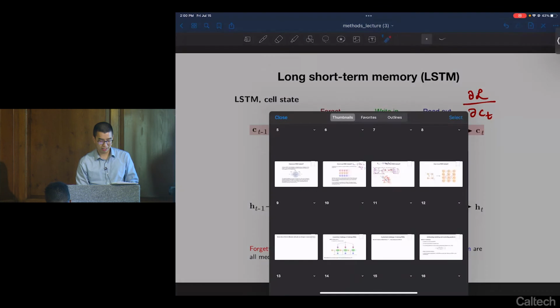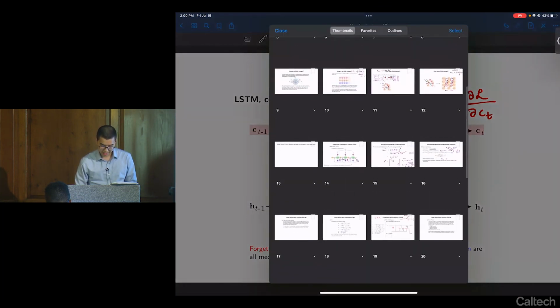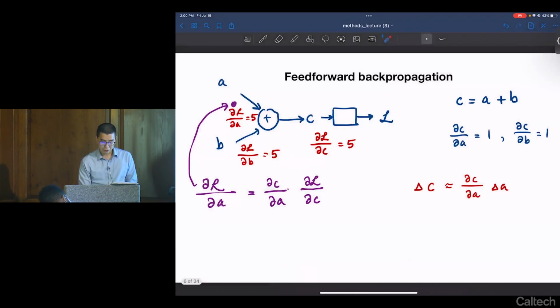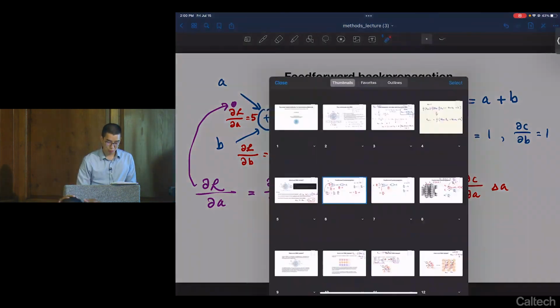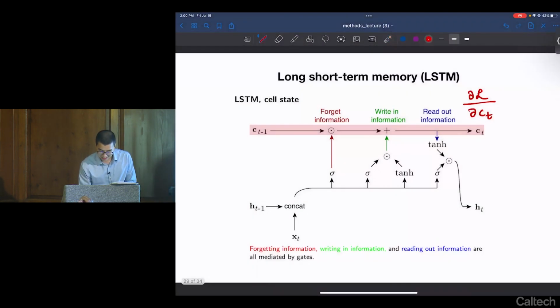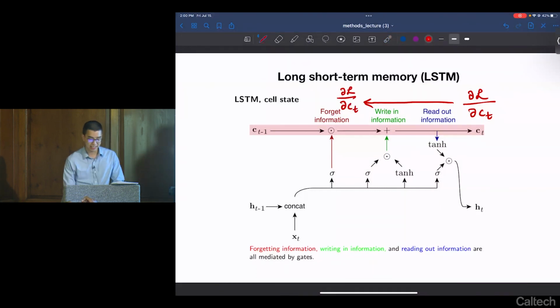And you'll recall that in an earlier slide, we calculated that if you backpropagate through a plus sign, the gradient just passes through. dL/da is equal exactly to dL/dc. So when I see a plus sign, the gradient is really happy because it does not change at all. It backpropagates exactly past this plus sign.